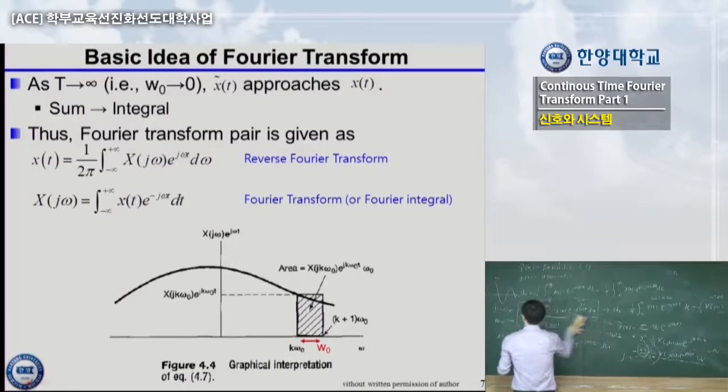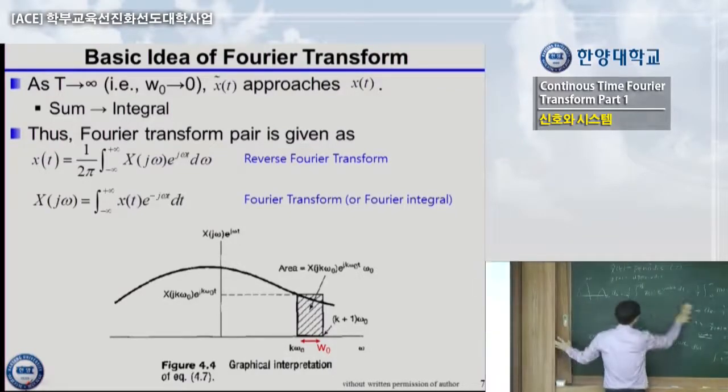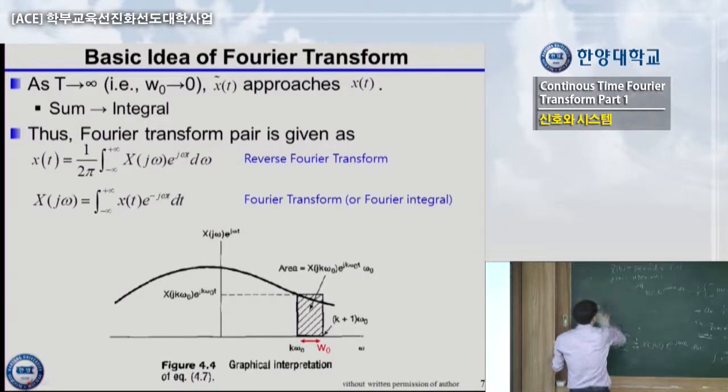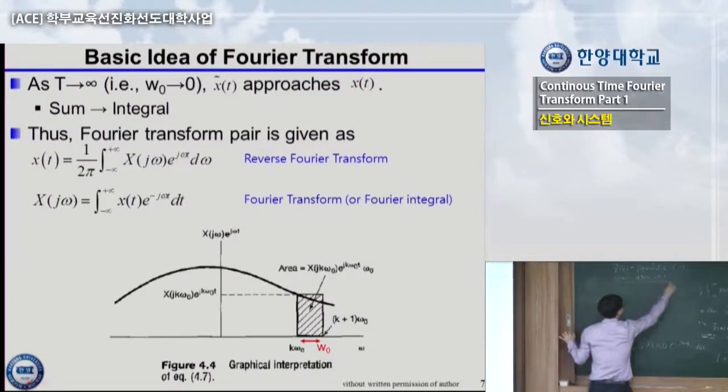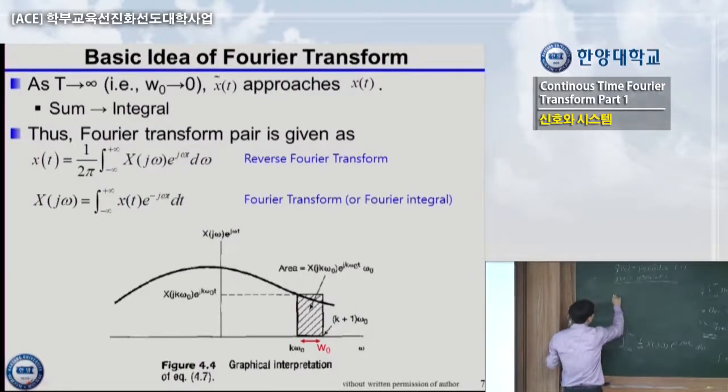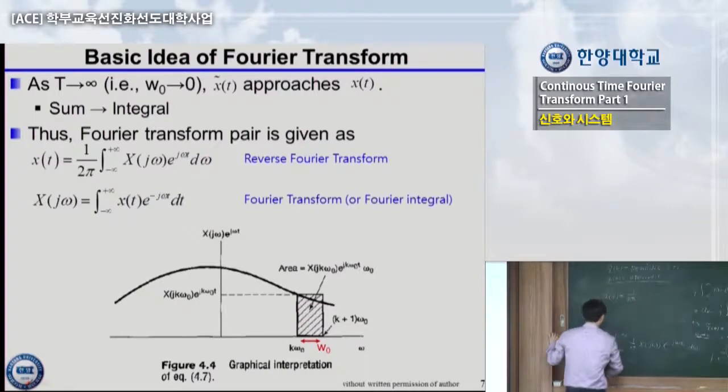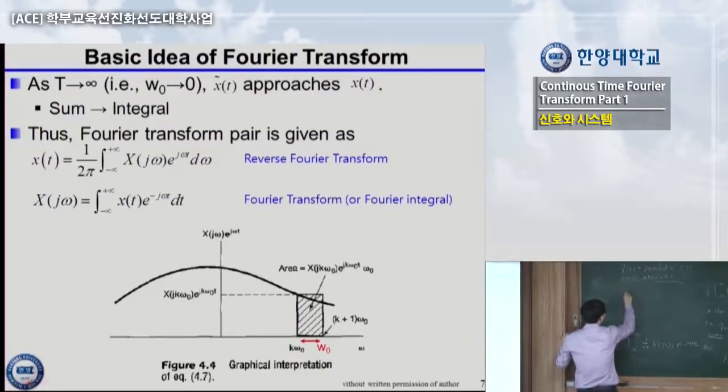So in short, after passing through all these things, we will figure out that for a non-periodic signal, x(t) can be represented as follows. Let's write down the bottom one first.